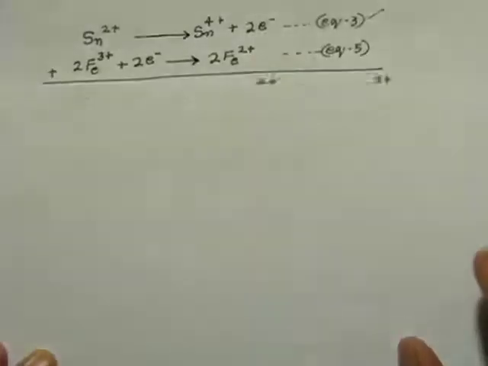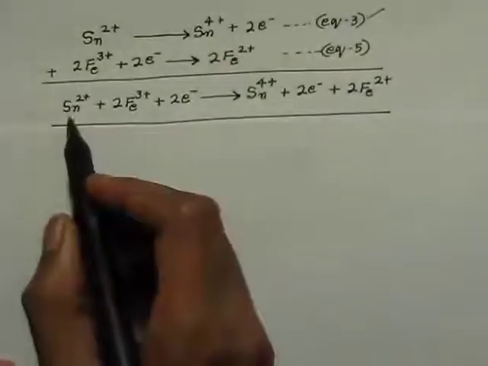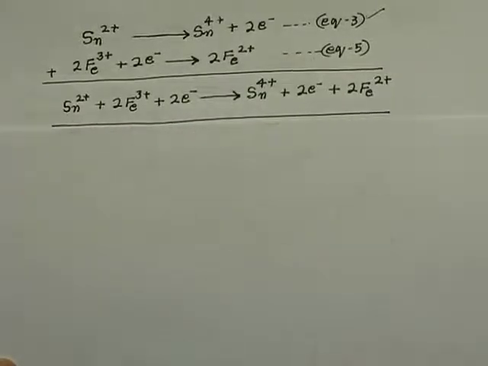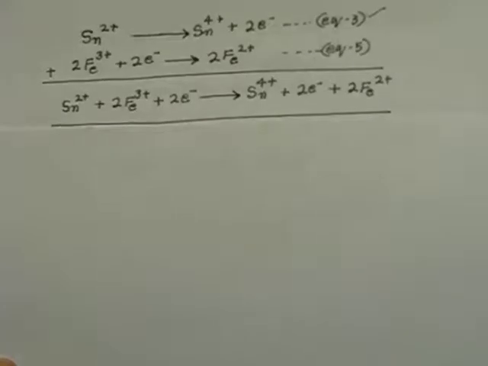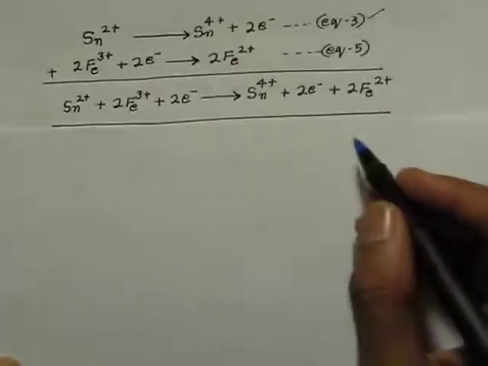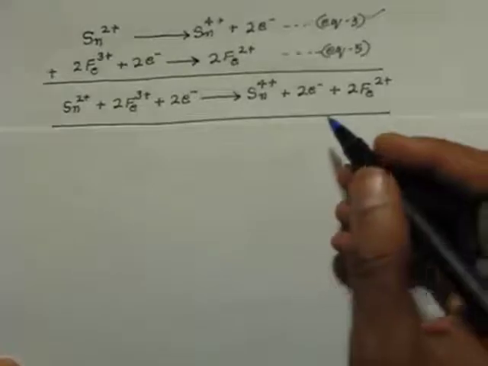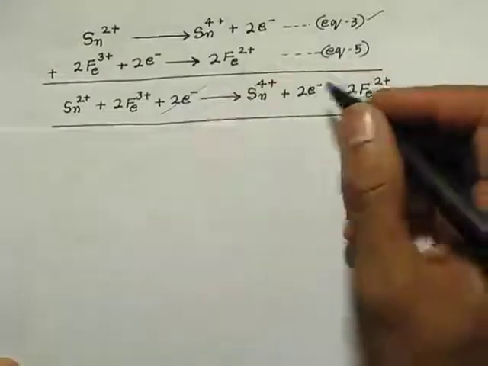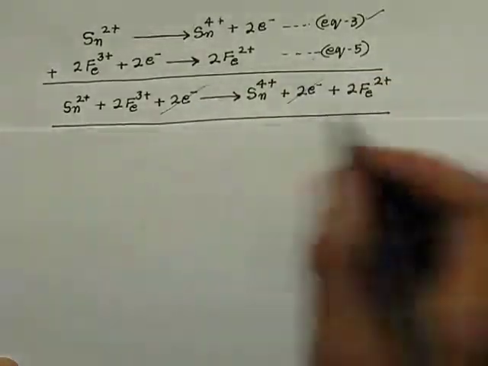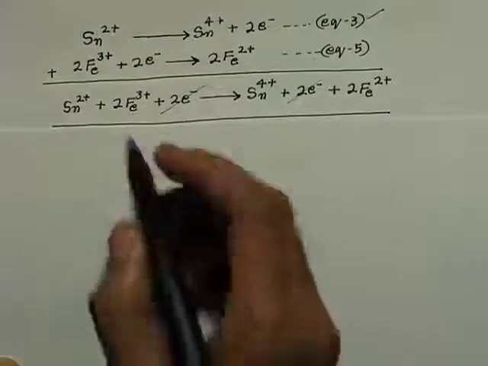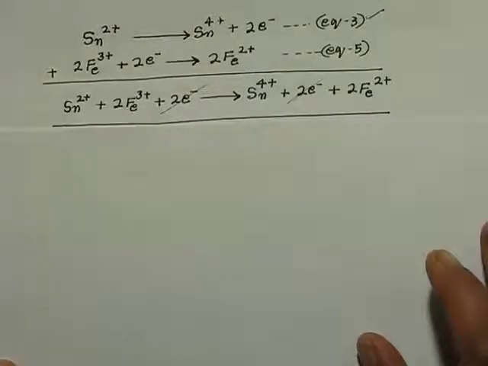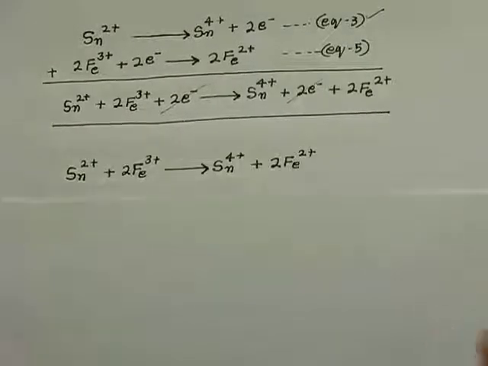When you add these two, the electrons appear on both sides, but usually we don't write electrons in the balanced reaction, so we have to cancel them. We have two electrons to cancel, and then the remaining ions we write in the final reaction.